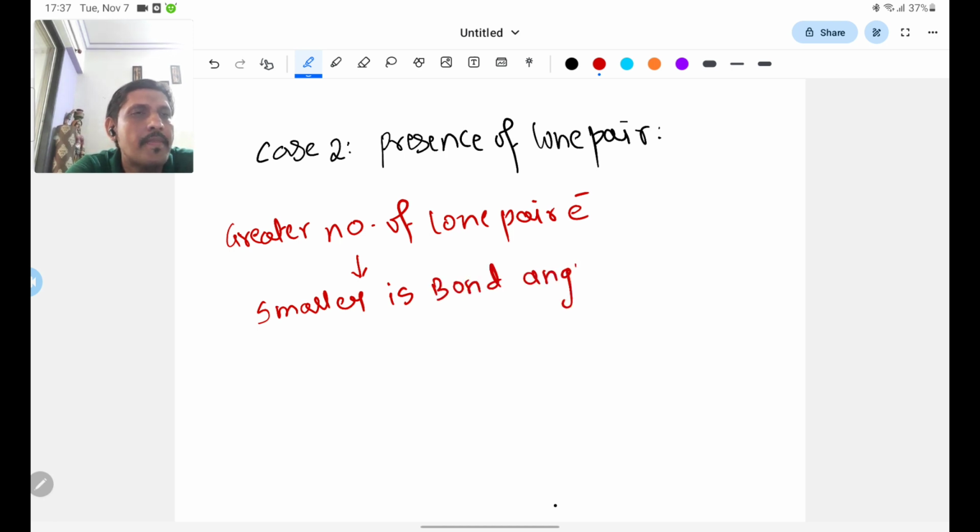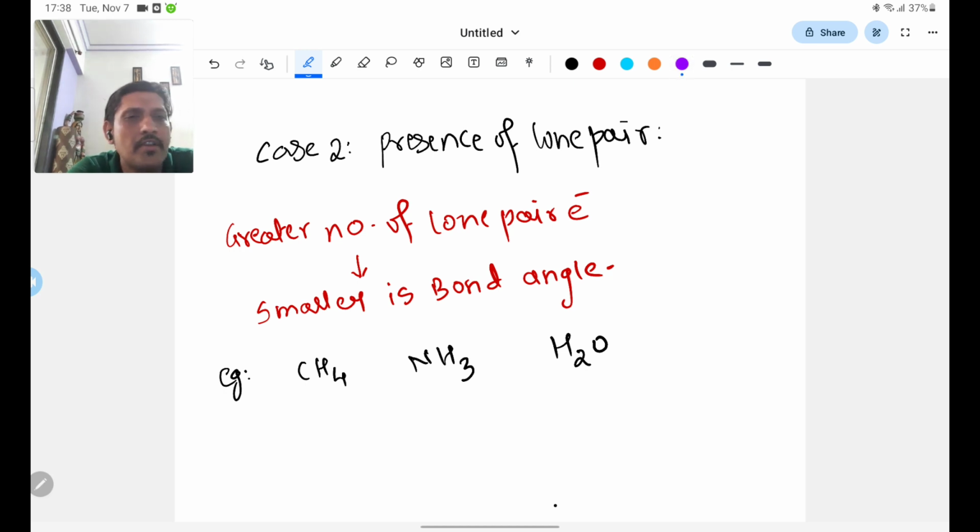Understood? That means as the lone pair electrons on the central atom increase, the bond angle actually decreases. Let's see one example. For example, suppose I have methane, ammonia and water molecule.